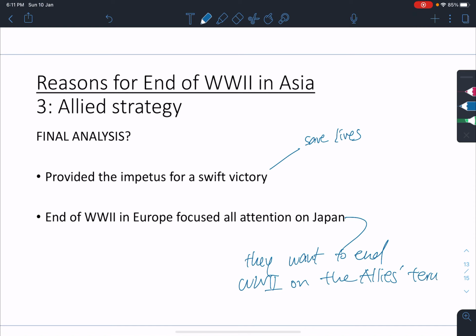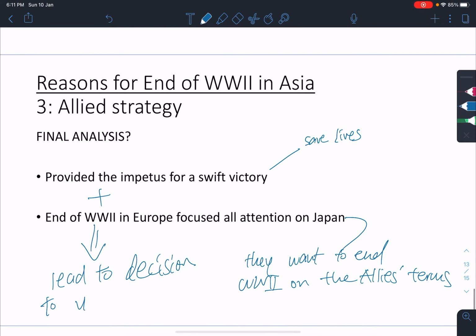They don't want Japan to have any right to have terms and conditions, but that's because Japan can't win. So we will see that this together would eventually lead to the decision to use the atomic bomb, simply because the Japanese didn't want to surrender. But we are going to look at that next.